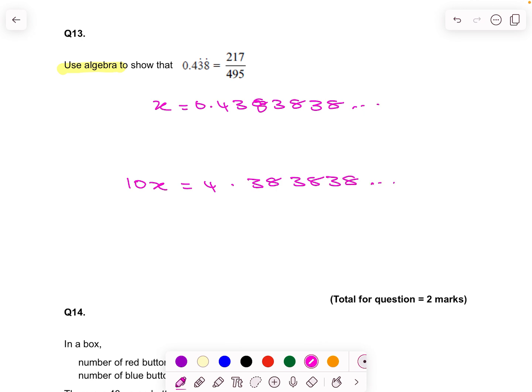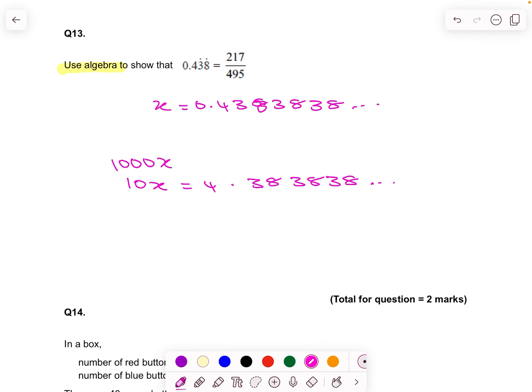What else is going to leave just the recurring bit after? Because remember, the dot is only above the 3 and the 8, so that's the only bit recurring. The 4 stays. So I need to also multiply by 1,000.